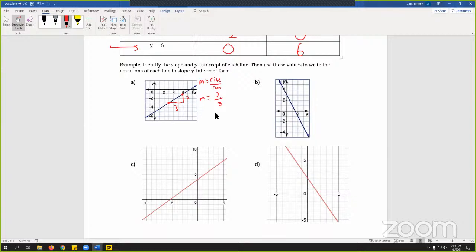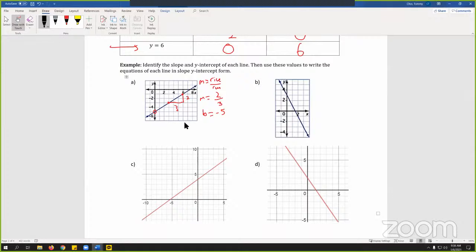There's my slope. Then for my y-intercept, I look at where the y-axis is and where the line touches it. That would be right here. The line touches the y-axis at -5, so the b value would be -5.